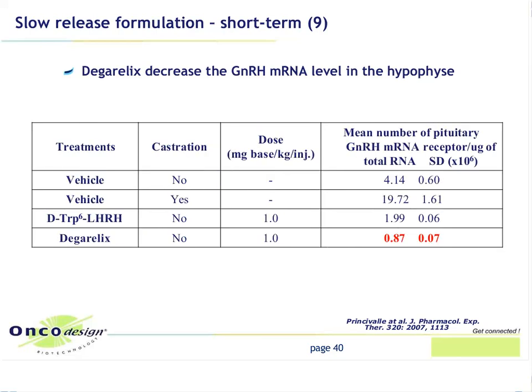So also at the end, we performed the collection of pituitary glands from the rats in order to analyze the amount of mRNA from the GnRH receptor. And we've shown here that degarelix strongly suppresses the level of GnRH mRNA.